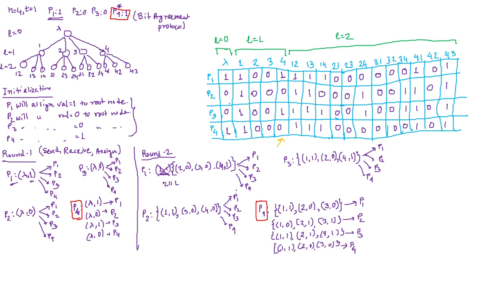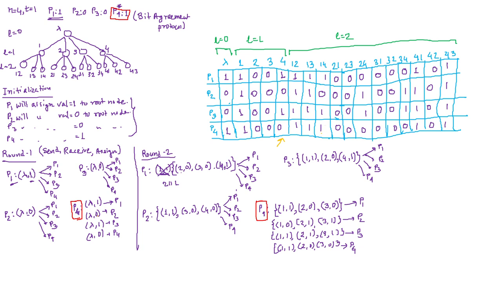So this signifies that at round 2, P4 has told P1 that at round 1, P1 has told P1 that my root node entry is 1. Whereas here P4 has told P2 that P1 has told P2 that its root node entry is 0. That is reflected here.